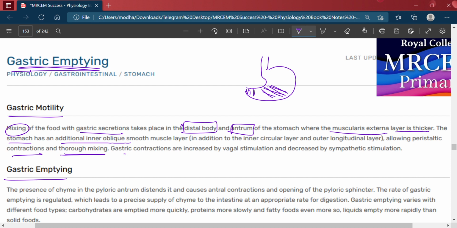Gastric contractions are increased by vagal stimulation and decreased by sympathetic stimulation. This is gastric motility, or the mixing.